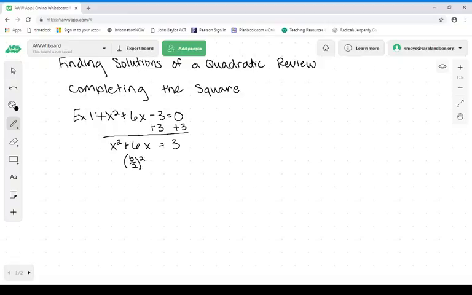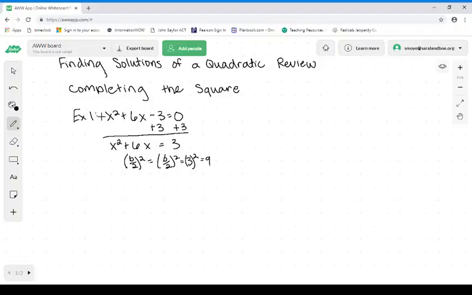As long as a is already 1, that's another thing we'll see in our second example. We have to have a be 1, which it is in this case, and we can take the b term, divide it by 2, and square it. So in this case, we're going to have 6 divided by 2 squared. So 3 squared is 9.